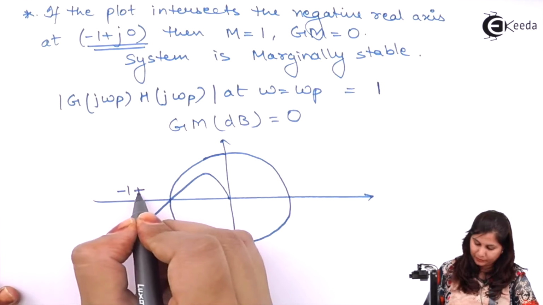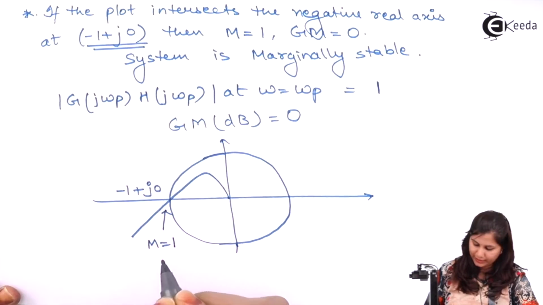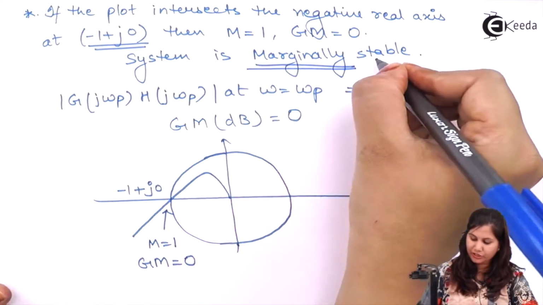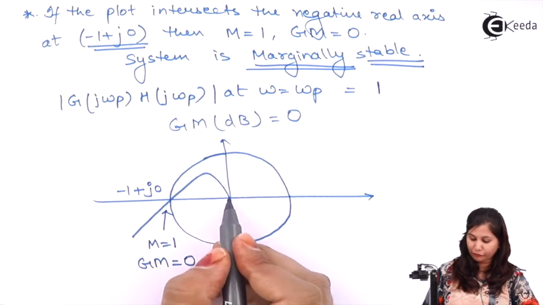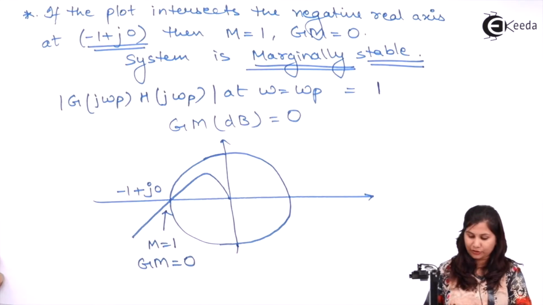This is the point -1 + j0. At this point, M will be equal to 1 and gain margin will be equal to 0. So the system is marginally stable because it is shifting from the stability condition to the instability condition.